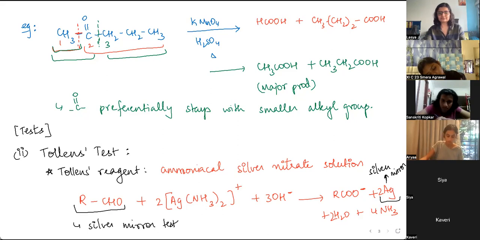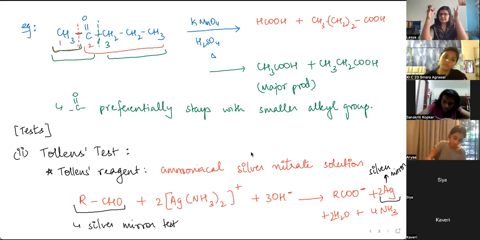Okay, so I'll show you a visual. On the test tube, originally what you take is a transparent solution, but if it's an aldehyde, the test tube is lined with silver. So it kind of looks like a mirror being formed there.